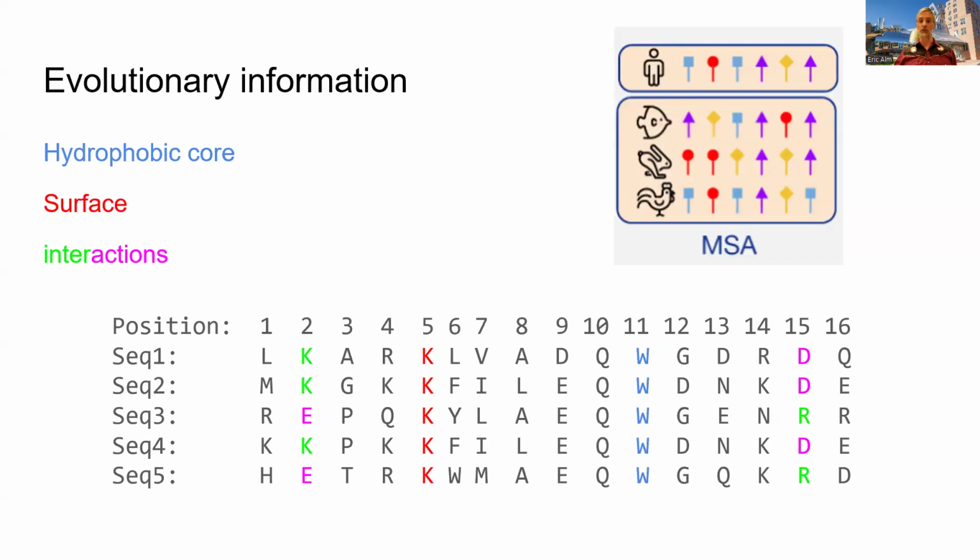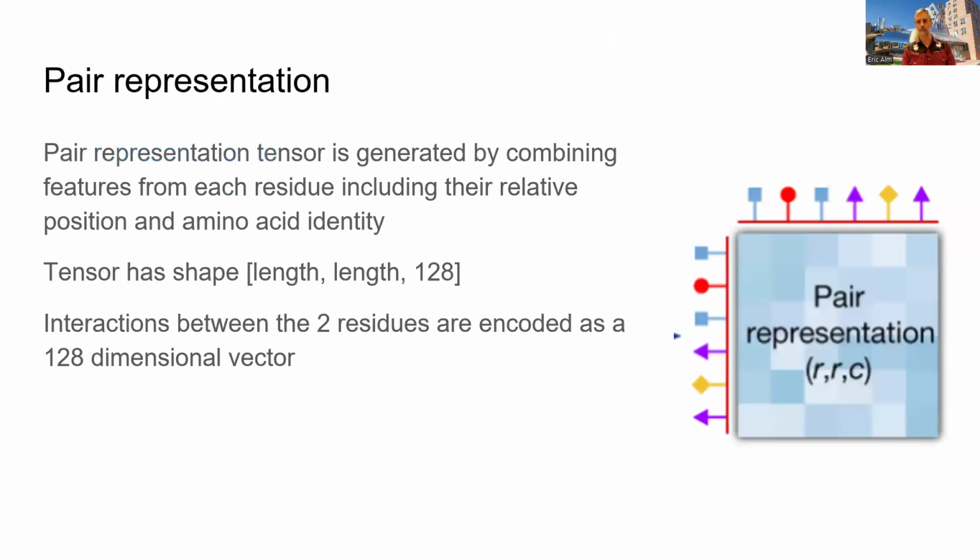When position 2 is negatively charged, position 15 is positively charged. And so that's an example of a different kind of evolutionary information, co-evolutionary information, that suggests that maybe residue 2 and residue 15 are actually near each other. They're interacting in some way physically in the protein structure. Okay, so that's the kind of information we're getting from the multiple sequence alignment.